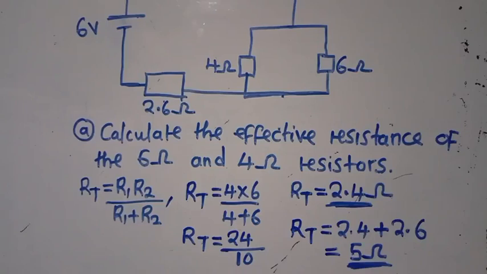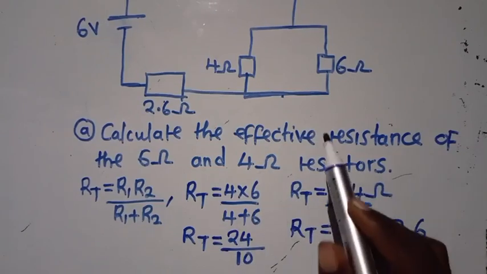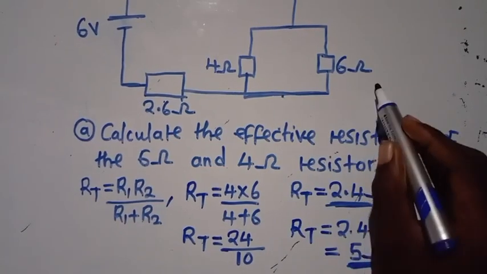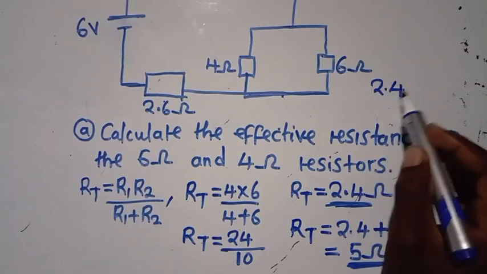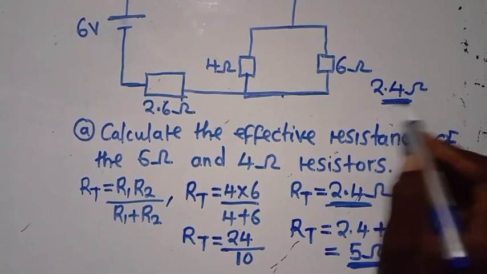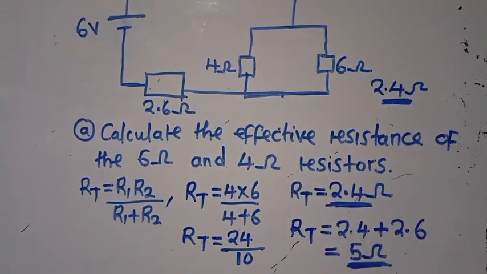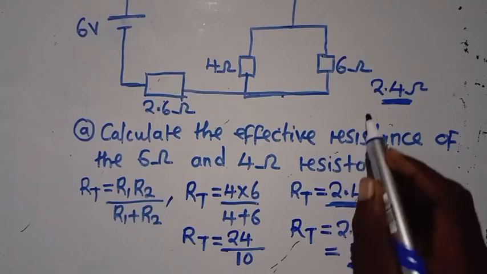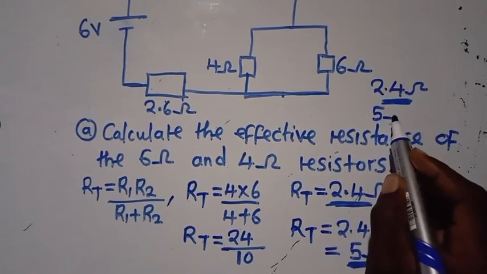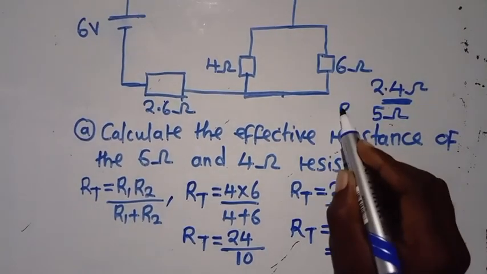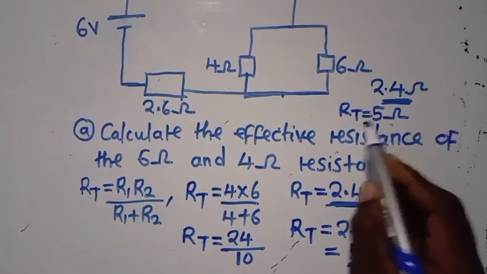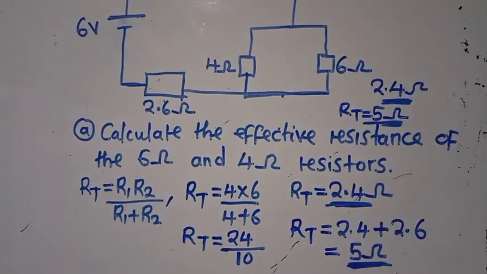The effective resistance between these two, we found to be 2.4 ohms, and the total resistance in the whole circuit is 5 ohms. I just want us to revise this.